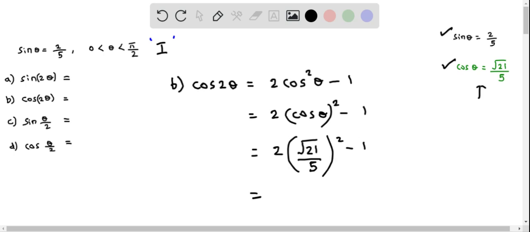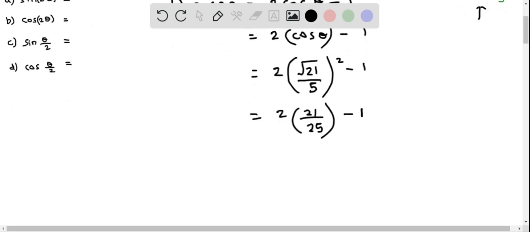Now when we square this, square root of 21 over 5, the square root will go off, and 5 squared is 25. So this becomes 2 times 21 over 25 minus 1. Now we can simplify this. 2 times 21 is 42 over 25, and I put this negative 1 as 25 over 25.